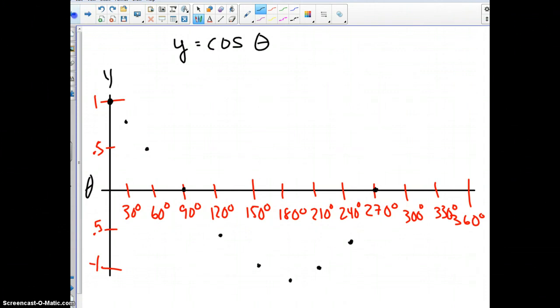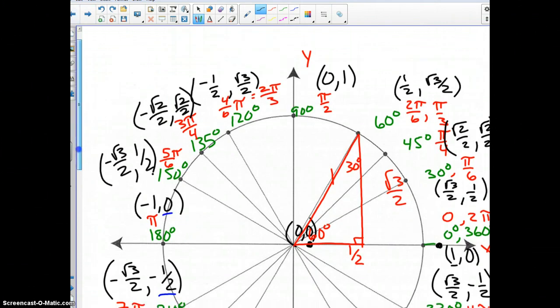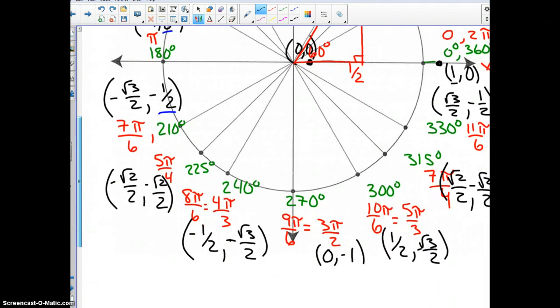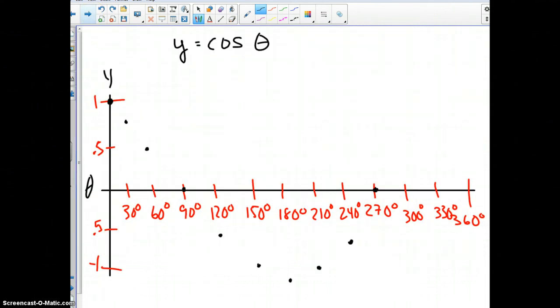Just to confirm where we're at, notice we are at 0 for 270, and -1/2, and over here we had -0.866, -1/2, 0.